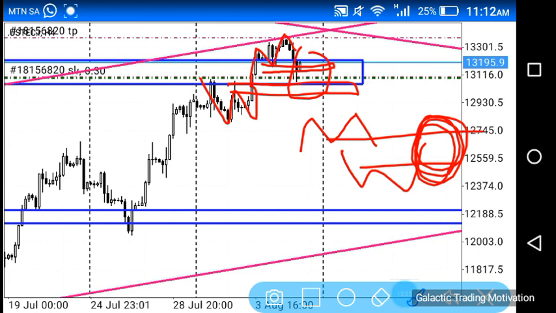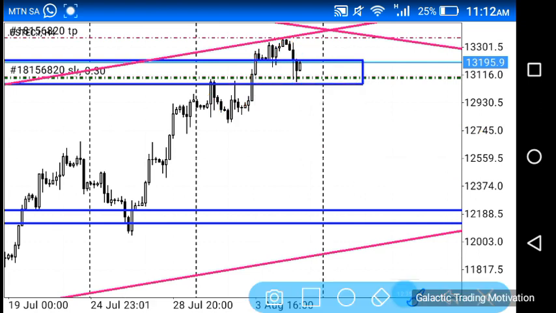I would wait for price to at least move further up to here, and we might get a better entry at this point, because the anticipation may be that price may form a very nice M structure, with this being that second leg of that M structure. And as I said, my first take profit would be this level over here.